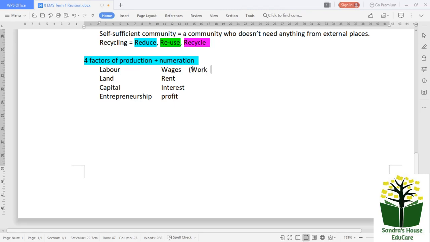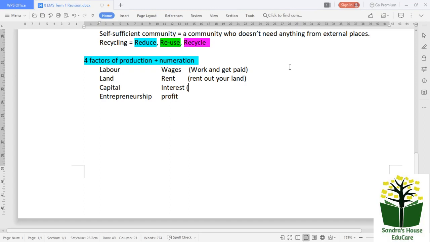So you work and get paid. Another way to get money is to own land. And then you can rent out your land to get money.